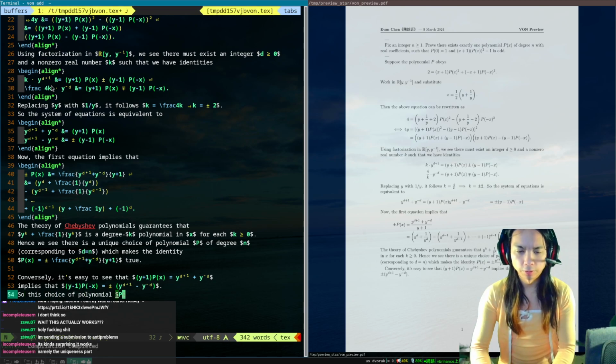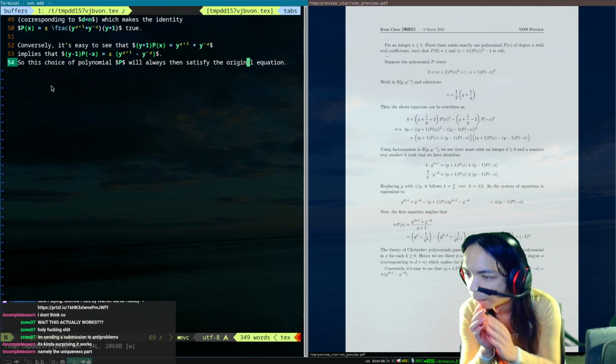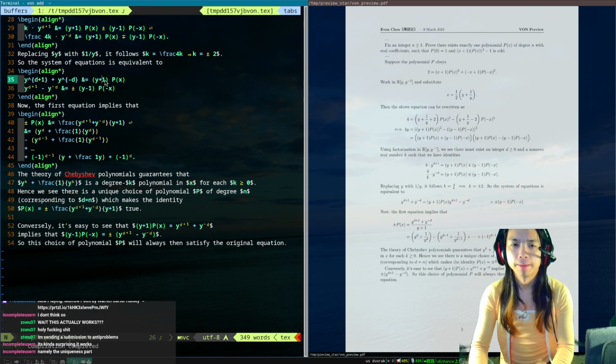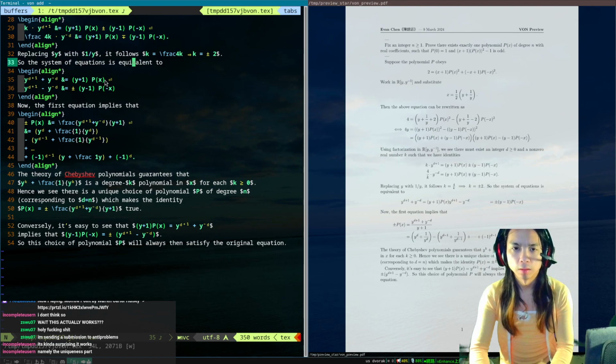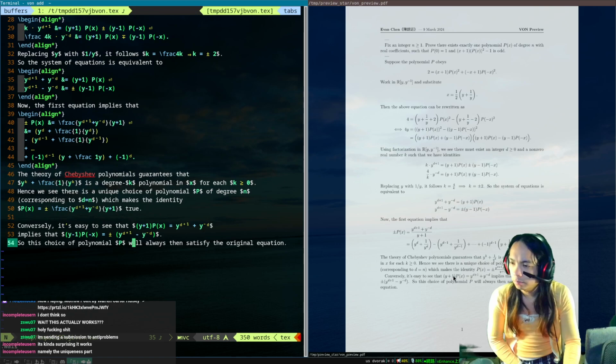So this choice of polynomial p will also... this is actually easy to see, right?